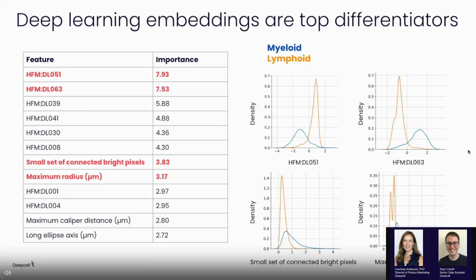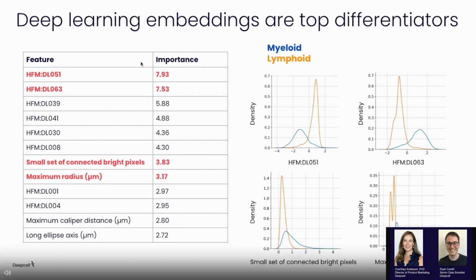When we apply our human foundation model and fit a classifier to identify the morphology features that differ most between the myeloid and lymphoid cells, we find measurements of size and shape, maximum radius, maximum caliper distance, long ellipse axis, as expected.